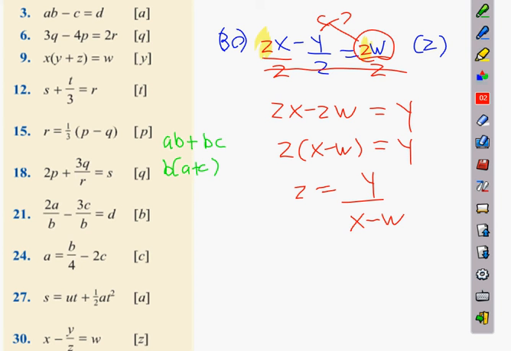Okay, guys. Did you do the last part? Why did you do the last part? I wanted Z on its own, and what's preventing Z from being on its own is being multiplied by X minus W. If it's being multiplied by X minus W on the left side, when it changes to the right hand side, it has to be the opposite of multiplication, which is division.